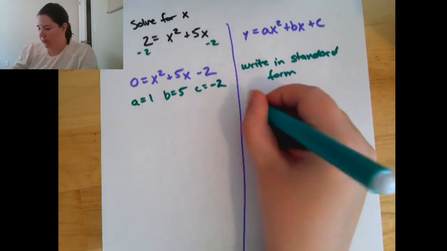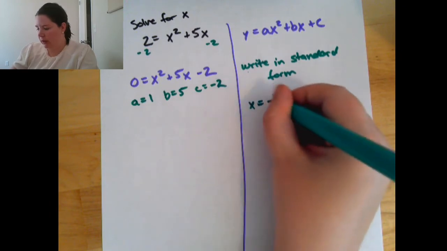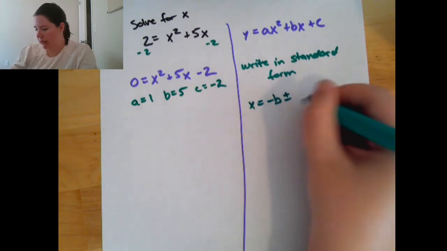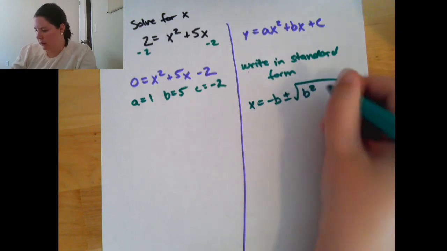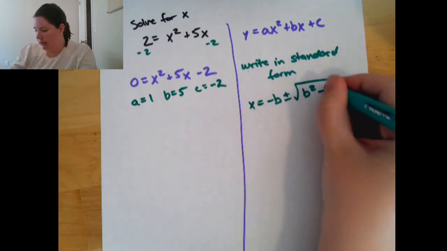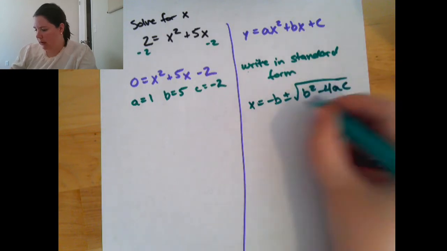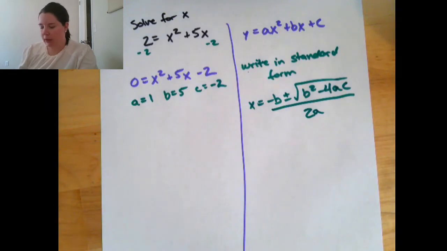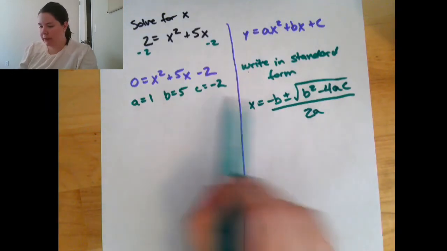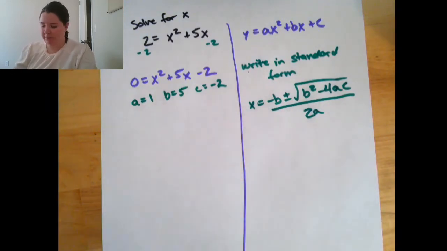The quadratic formula, x equals -b plus or minus the square root of b squared minus 4ac all over 2a. And we already know what these numbers are, it's just a matter of plugging them in.